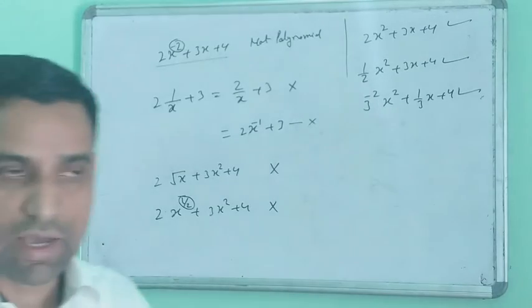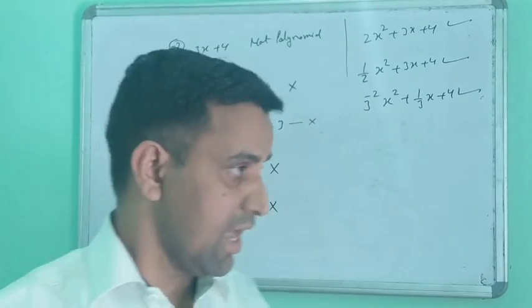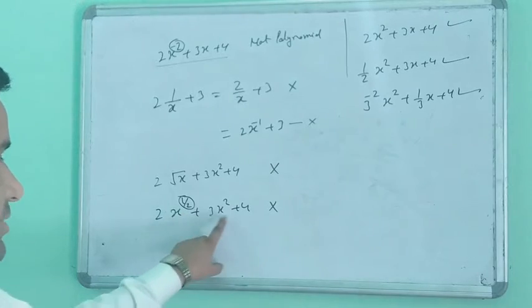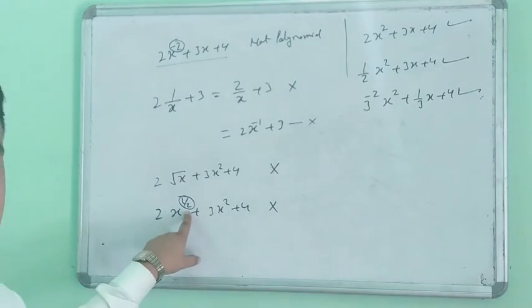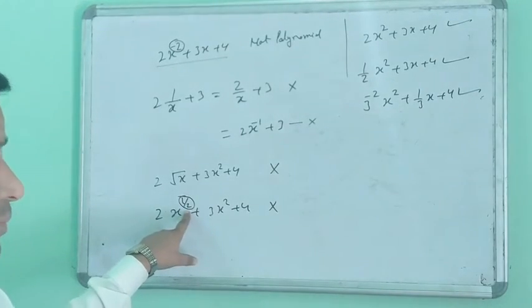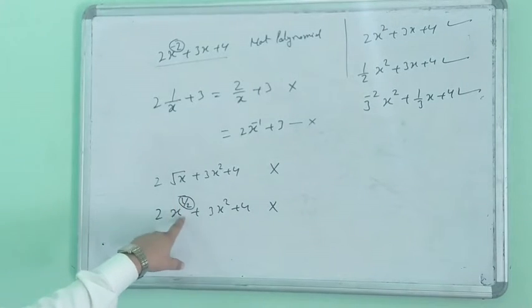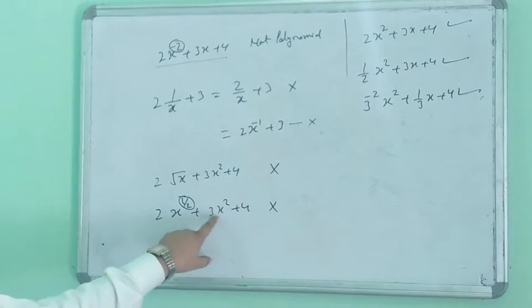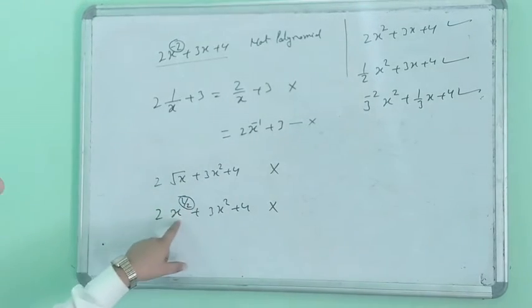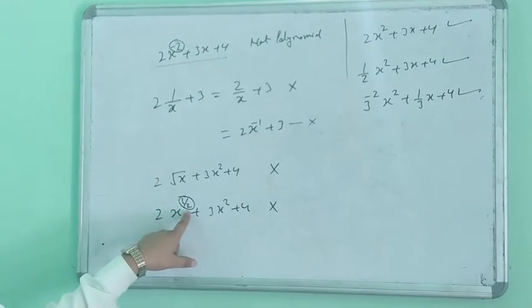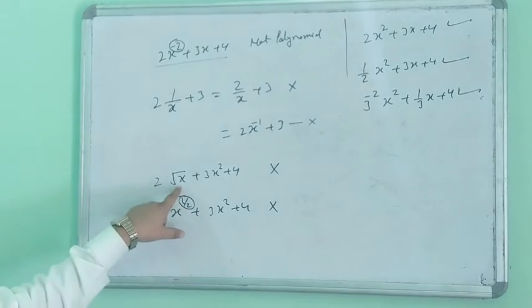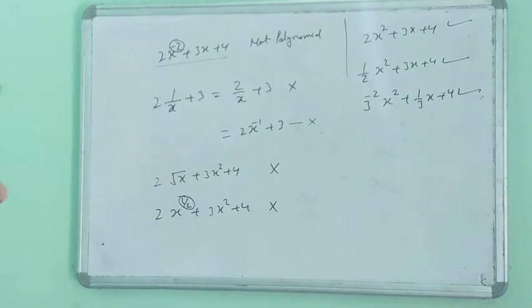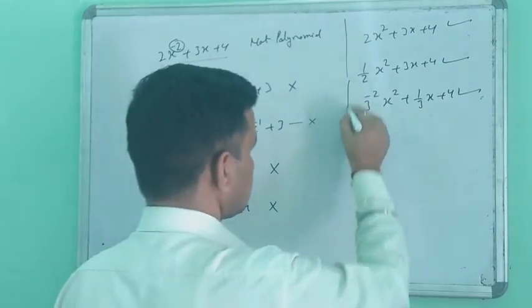Suppose any algebraic expression has an exponent in fraction or radical form, then it will not be a polynomial.